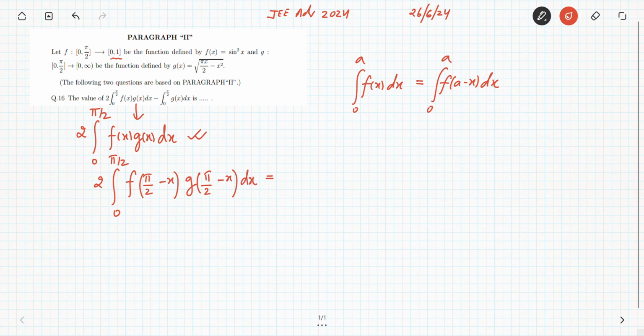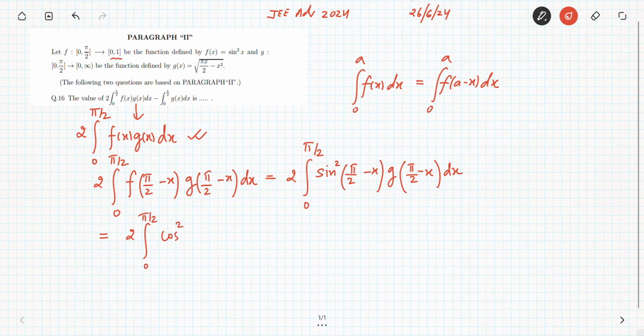So now I can write it like this: twice the integral from 0 to pi by 2 of f of pi by 2 minus x, that is sine square of pi by 2 minus x, and this term is g of pi by 2 minus x dx. Now this particular term is nothing but sine square, twice the integral from 0 to pi by 2, and this can be written as cos square x and g of pi by 2 minus x.